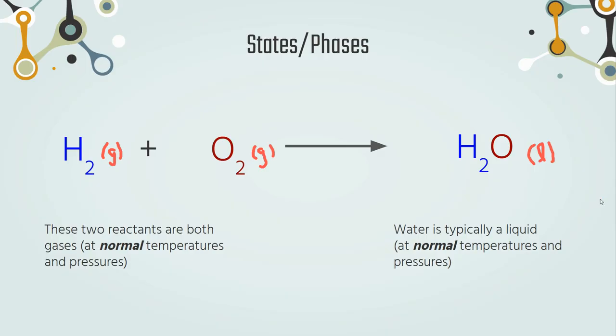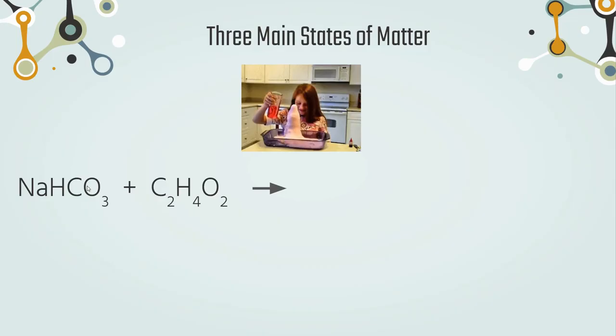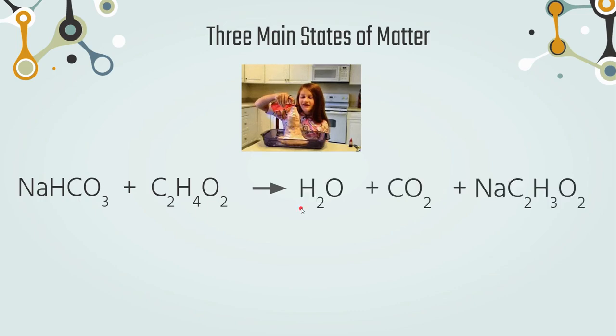Let's take a classic example, a baking soda and vinegar volcano, a reaction you probably saw a long time ago. If I show that reaction, on the left side, we have our baking soda here and our vinegar right here. And we're going to create three products: water, CO2, carbon dioxide, and sodium acetate.